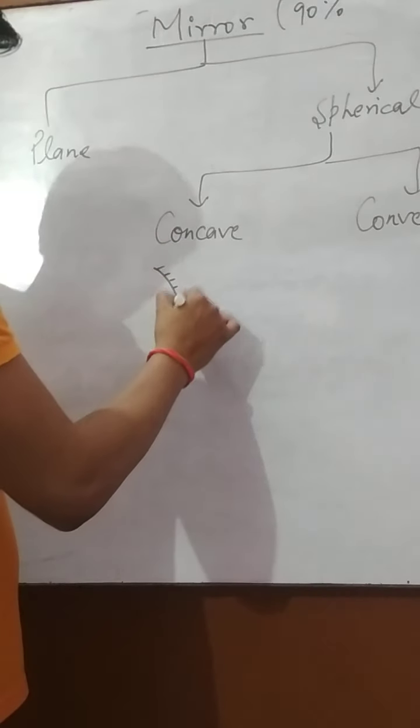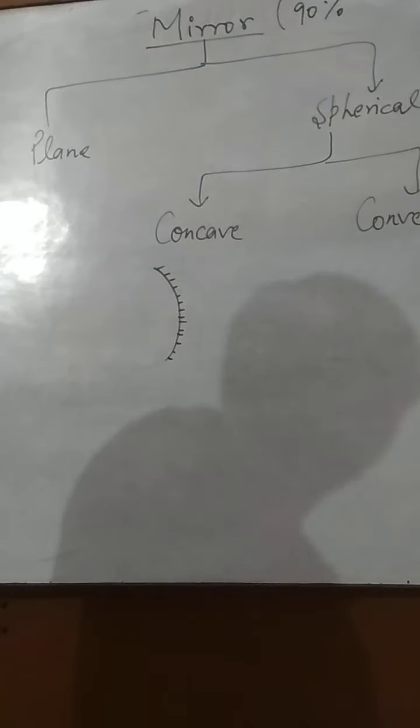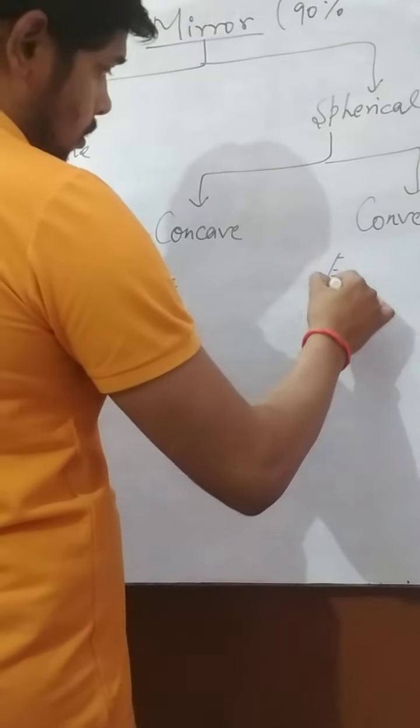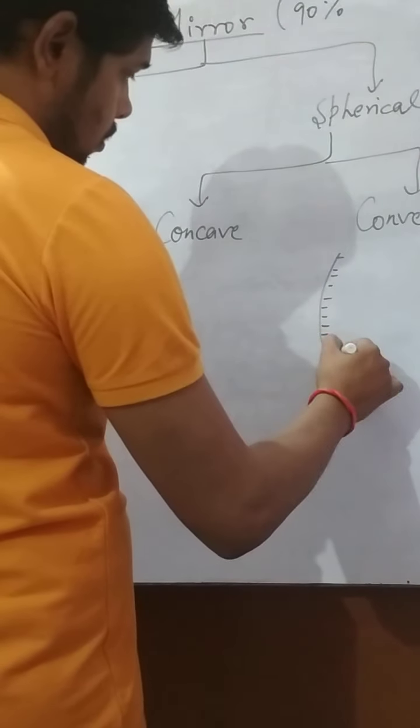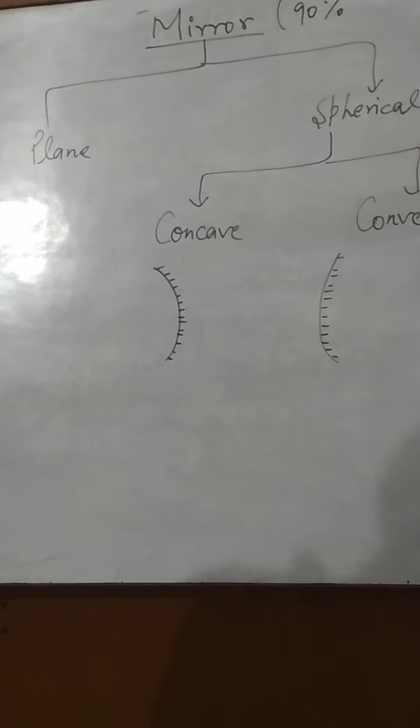This type of mirror is known as a concave mirror, and this type of mirror is known as a convex mirror. Like this you can identify your mirrors.